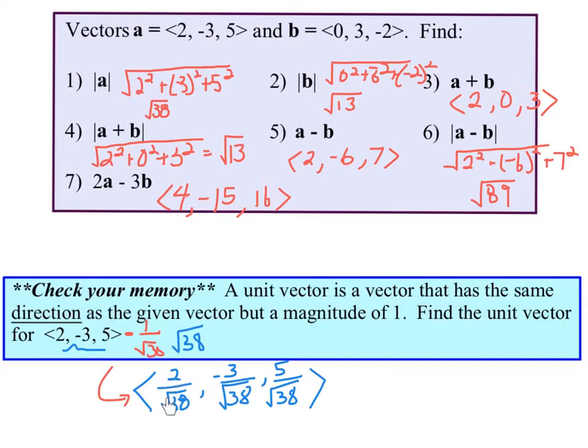If I squared this, I get 4 over 38, 9 over 38, and 25 over 38. Well, 4 plus 9 plus 25 is 38. 38 over 38 is 1, square root is 1. So I've created a parallel vector, one that has the same direction, and it has a length of 1. So this is a unit vector.